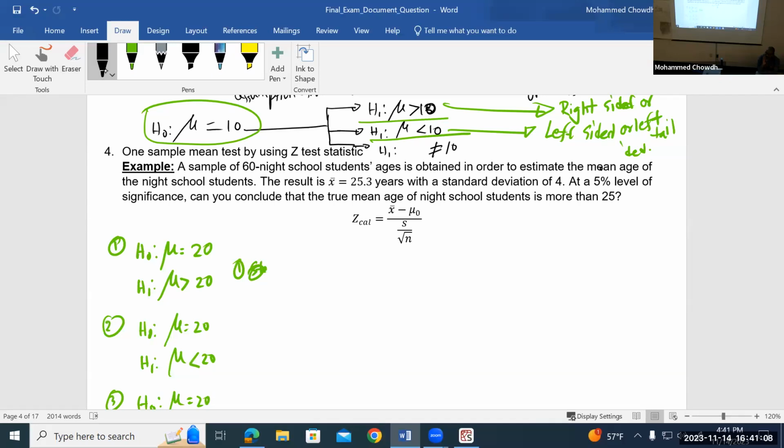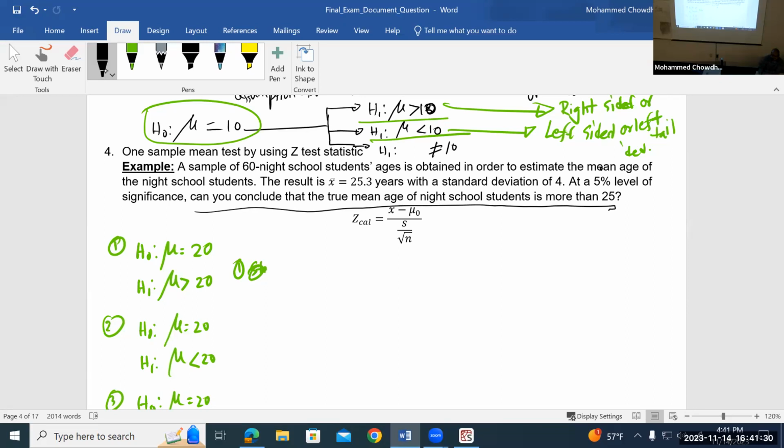See, I'm reading the question and setting up all 4 steps. The result is x bar equal to 25.3 years with a standard deviation of 4. At a 5% level of significance, can you conclude that the true mean of 90 school students is more than 25? It is said more than, right?